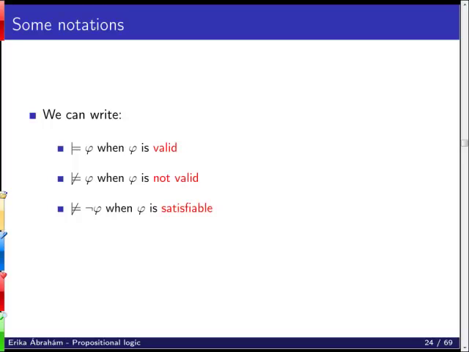Yeah, if not phi is not a tautology, that means not phi has at least one violating assignment, so phi has at least one satisfying assignment. And what is this? What does it mean for phi?